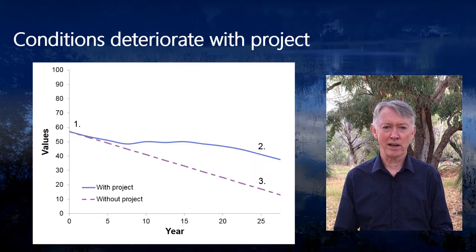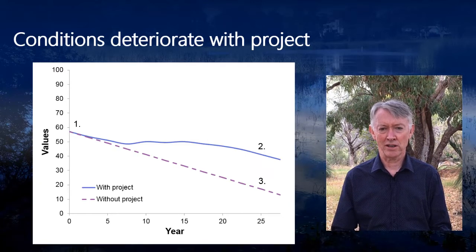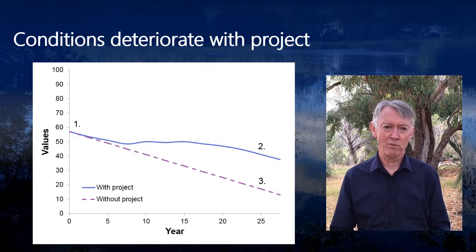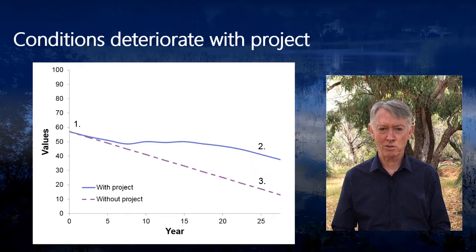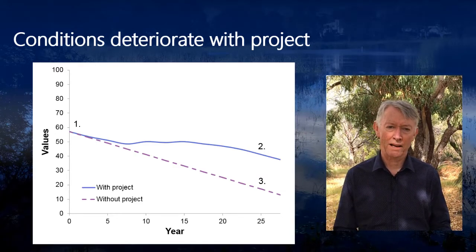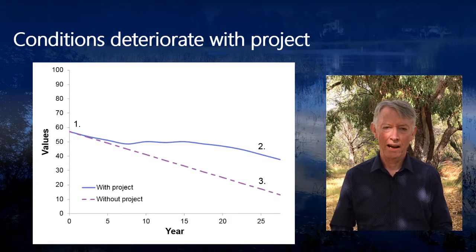So here's a case where the conditions are worsening without the project. We're going from 1 down to 3 along the dashed line. With the project, we go from 1 to 2, but 2 is lower than 1. So after 25 years, even if we implement the project, things are worse than they were back at time 0. However, they're better than they would have been without the project. So the benefit is that difference between 2 and 3.